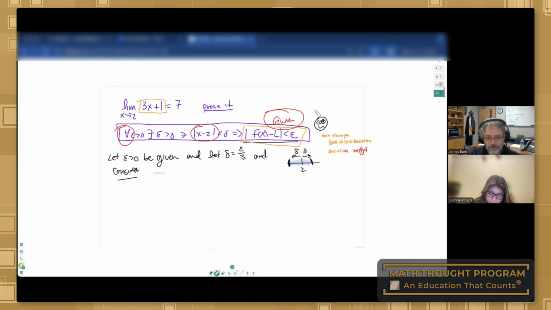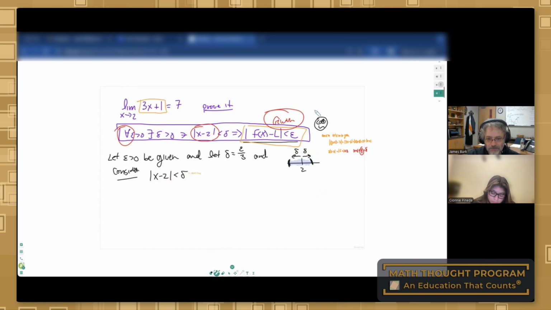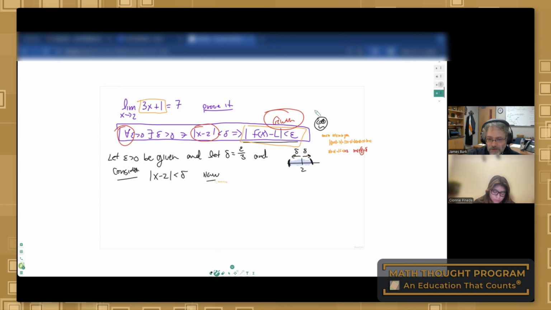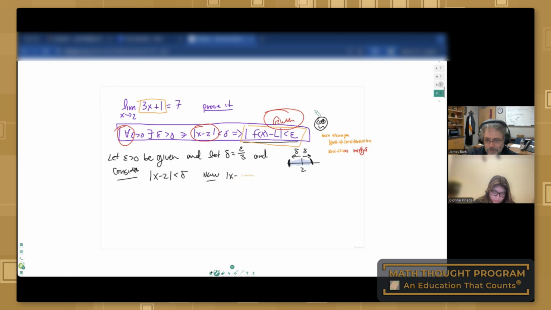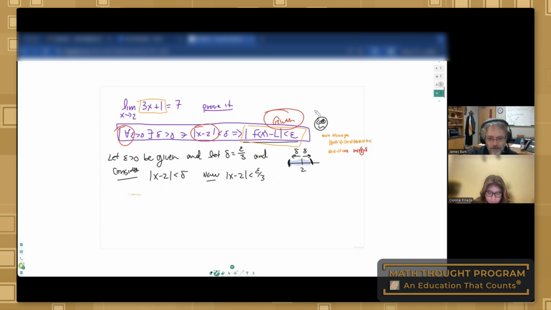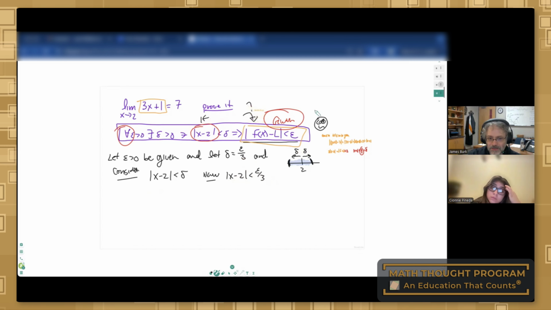So you want to consider the metric, the distance, x minus 2 less than delta. Now, we know from above that delta is going to correspond to epsilon over 3. So take it and drop it in. And the question is, if I have this, does it mean I also have this?